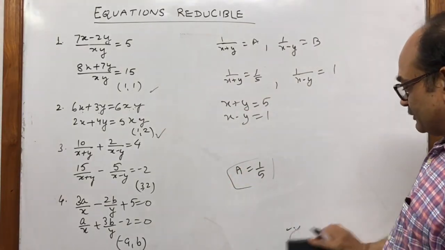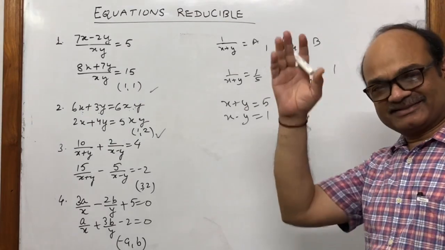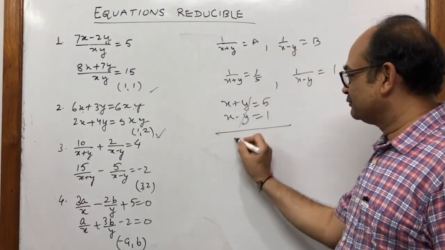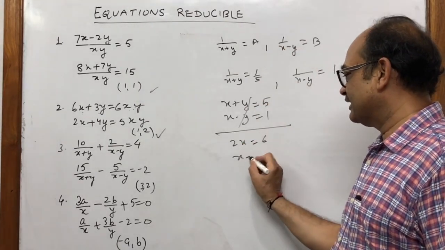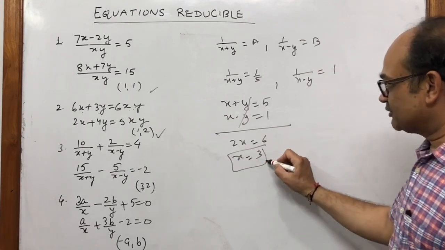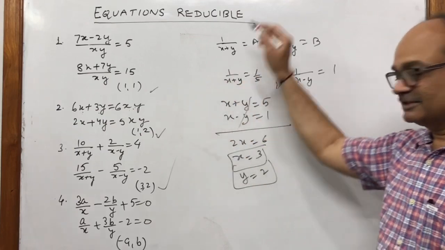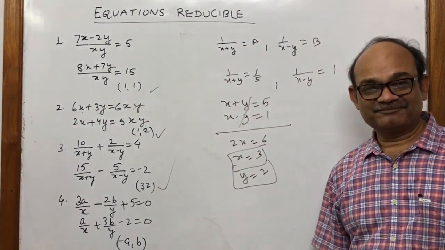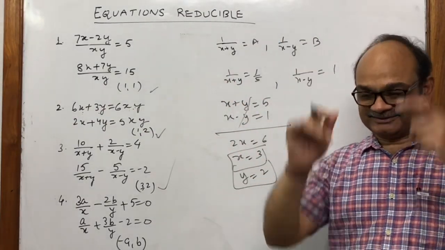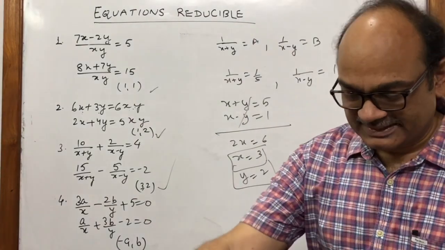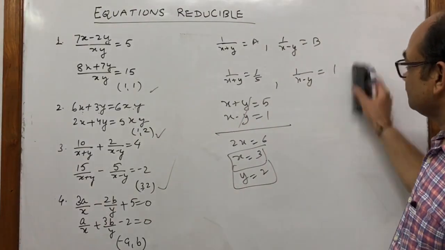Now you know, it is a simple question of the first exercise. If you add these two, 2x equals 6, x equals 3. When x equals 3, substitute here, y equals 2. And that is the answer. It is a board question of 4 marks. Easy? Good. Now the next sum, the fourth sum.